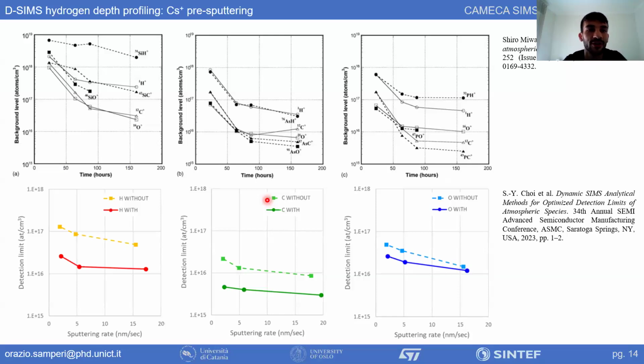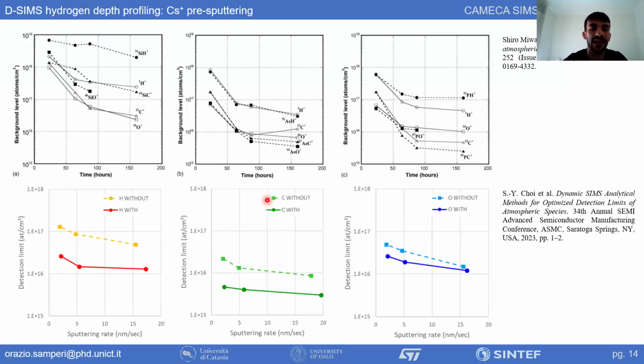This protocol is called presputtering, or cesium presputtering, it depends. Basically it consists of irradiating the sample before the analysis with a high current cesium beam for a certain time.